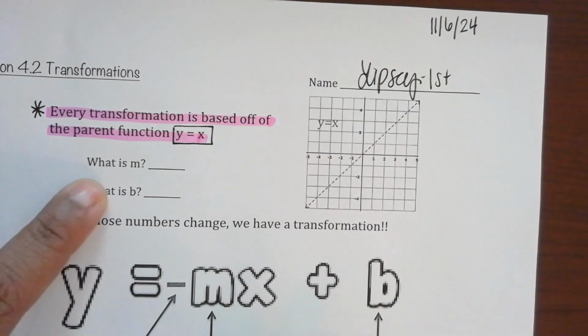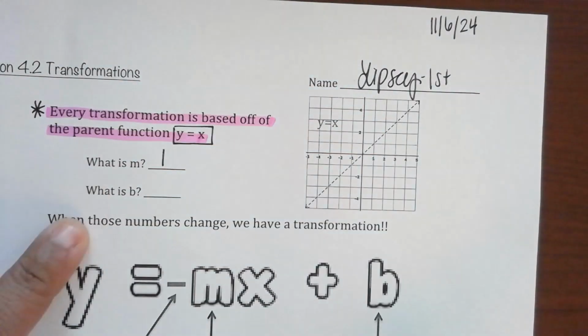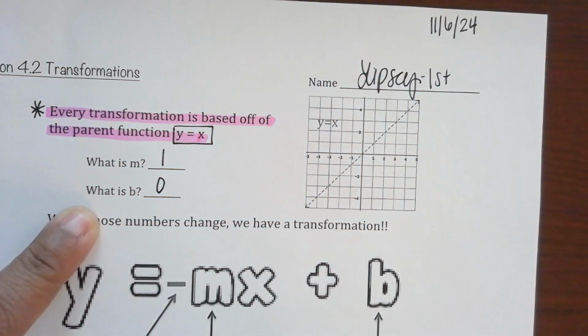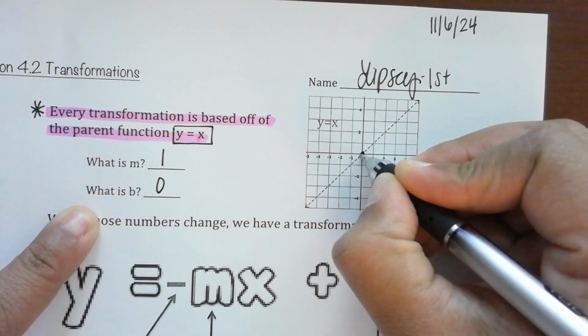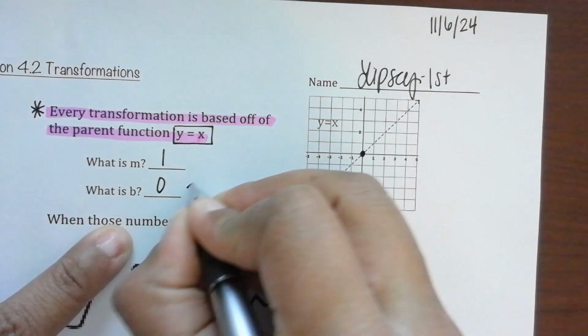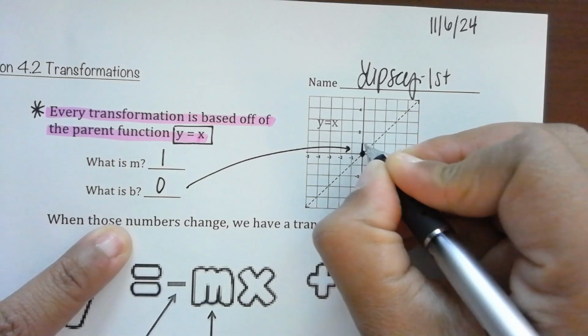So what is my m of this function? What is my slope? What's in front of x that I cannot see? 1. What's my b of this function? 0. So we get that by looking at my y-intercept. And I find my slope by moving up 1 and to the right 1.